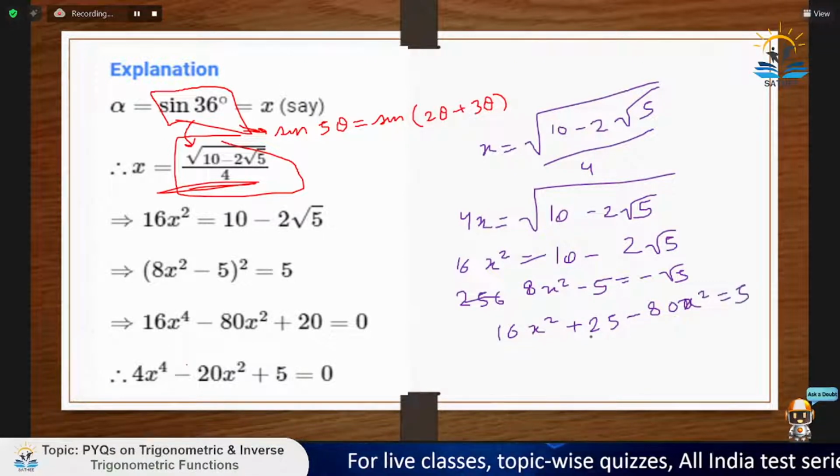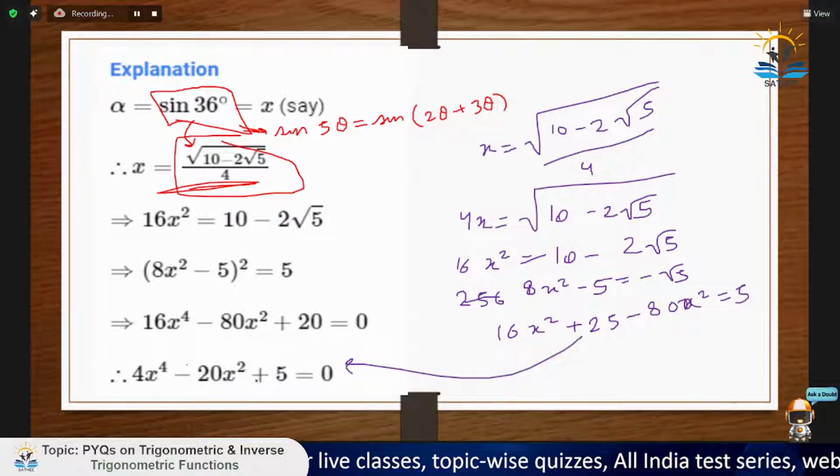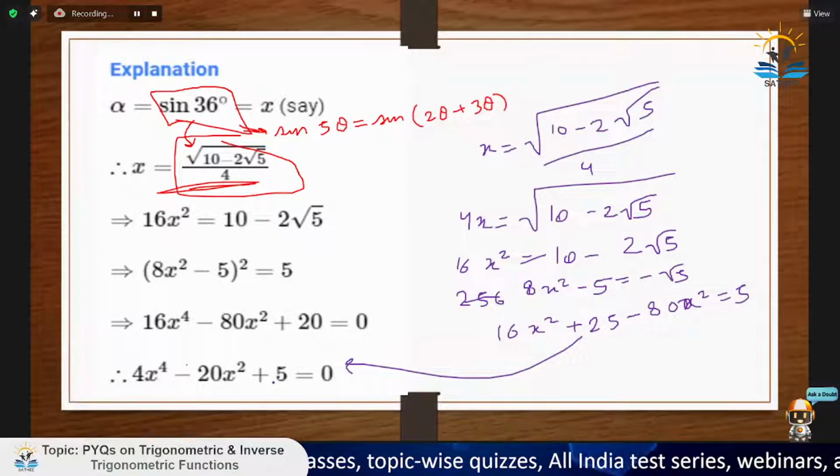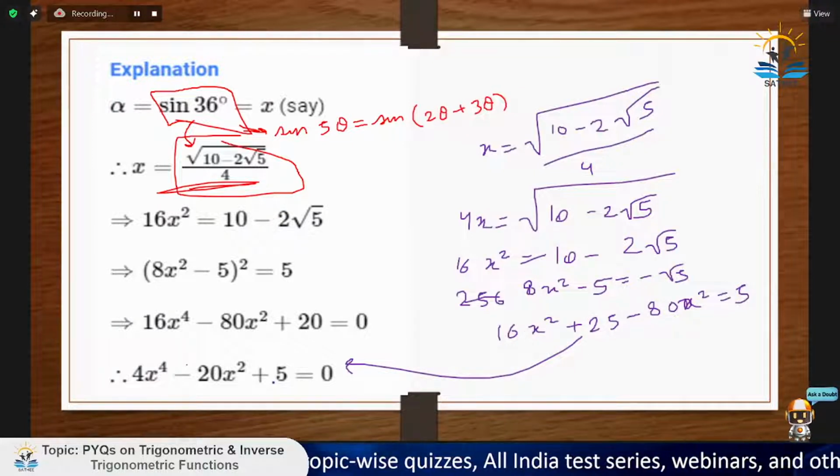And from there you can get this here, this as a final equation. 4x power 4 minus 20x square plus 5 equal to 0.